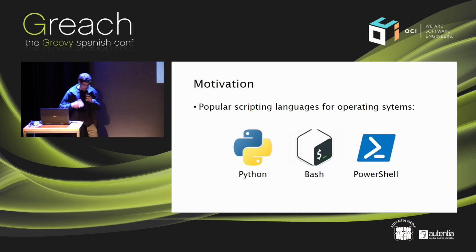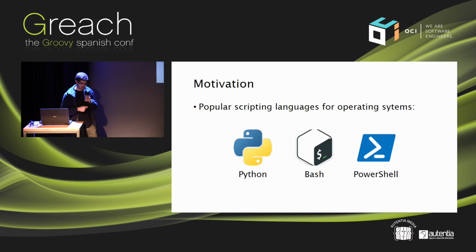So there are some popular scripting languages out there for operating systems. One of them is Python, which is executed in the Python interpreter. You also have the Bash language, which is the language for the Bash shell.